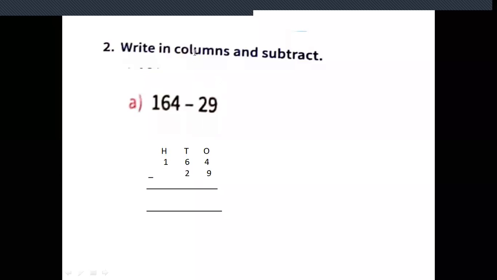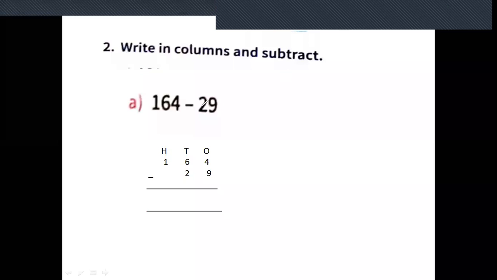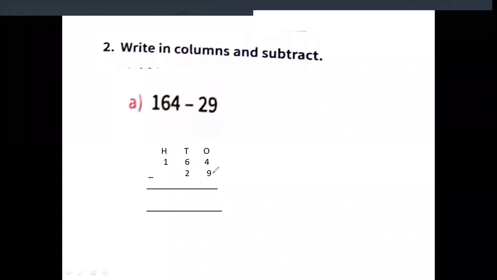Now you have to subtract. See here, from 4, can 9 go? Oh no, you can't do that. So what will you do? You have to borrow. If you are borrowing from 6, here 1 ten will be added. So 14 it will become, and you have to write the before number for this 6. 6 minus 1 will become 5.